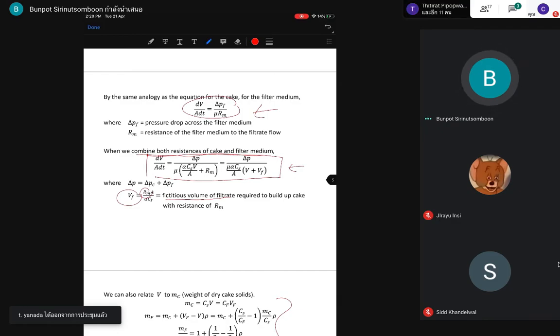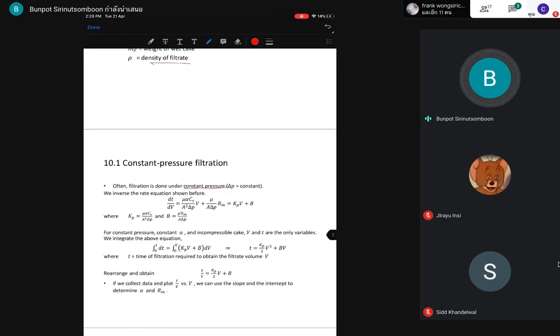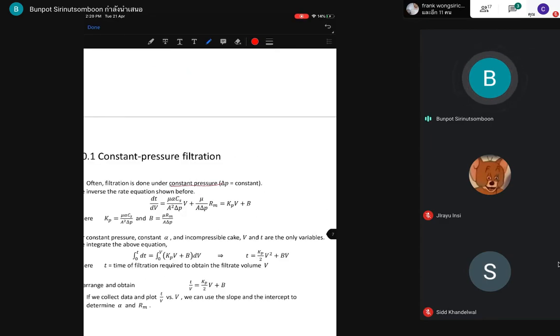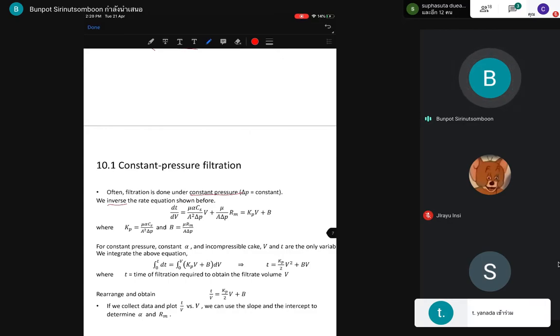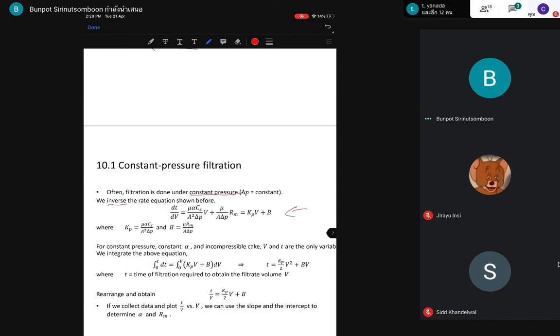So you cannot directly use this equation because it's not in a linear form. But you can invert the equation and get this equation right here. Then you get the new parameters called Kp and B, and these are just constants.